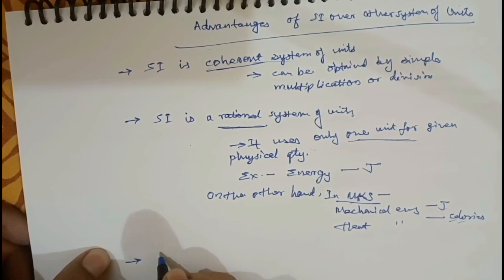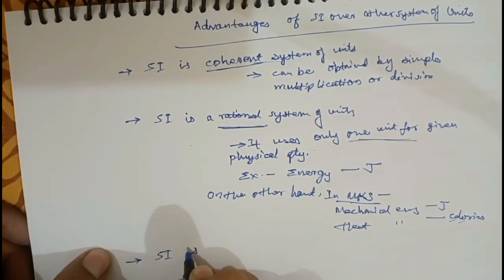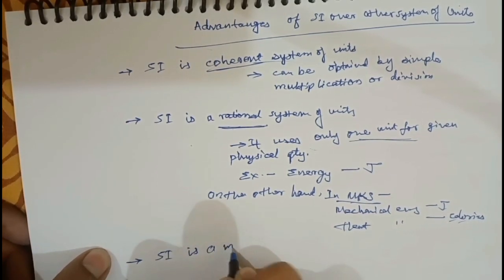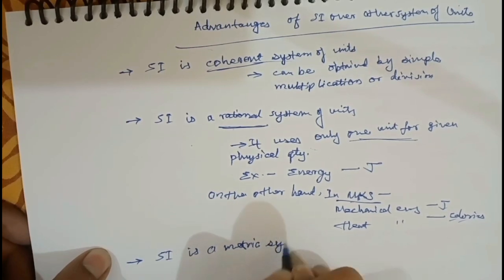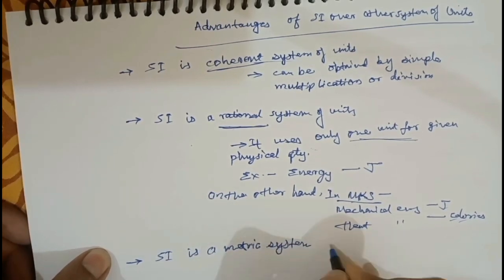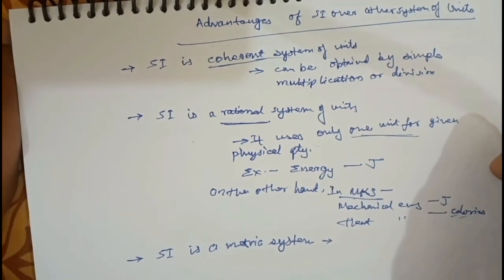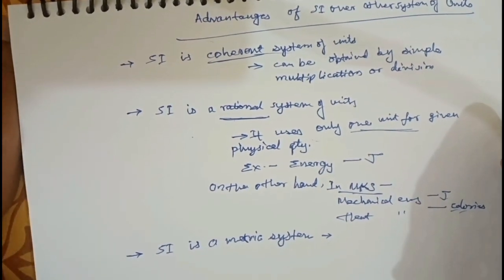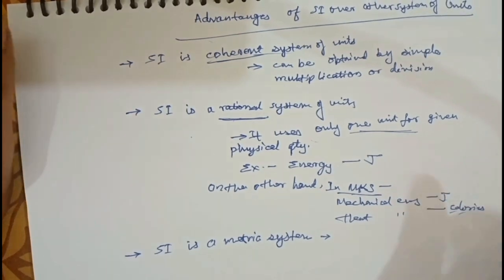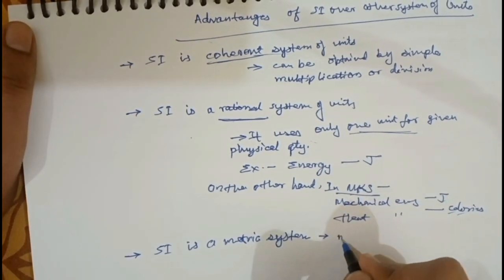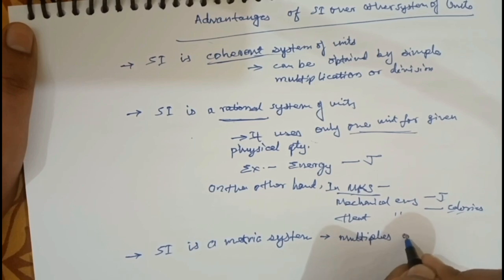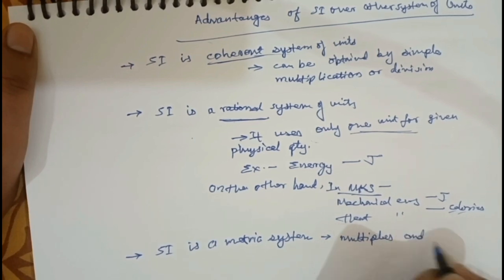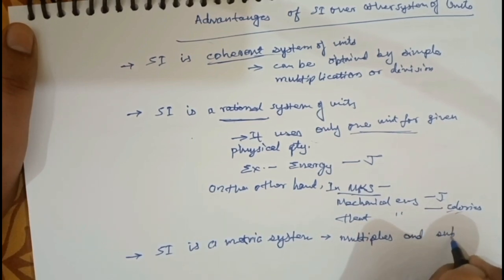Now SI is a metric system. What does it mean? It means multiples and submultiples of SI units can be expressed as powers of 10.